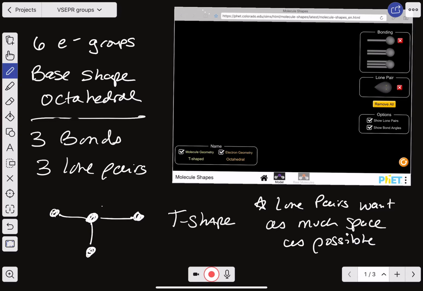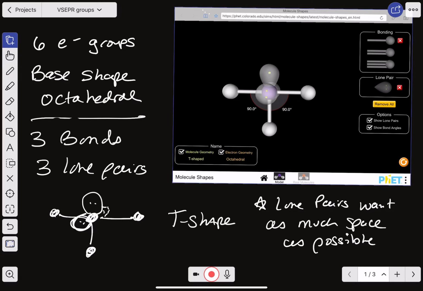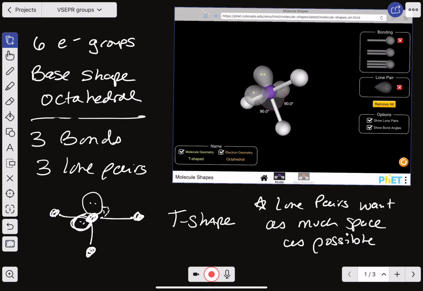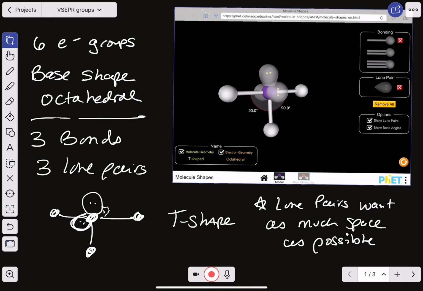The molecule will look T-shaped, and there'll be a lone pair up here, a lone pair coming out at you here, and a lone pair behind. Again, I'll show it to you up here in the PhET simulation. So that's kind of how I've drawn it. Got the lone pair at the front, the lone pair behind, the lone pair sticking straight up, and the bonds there. So that's the T-shaped molecule.